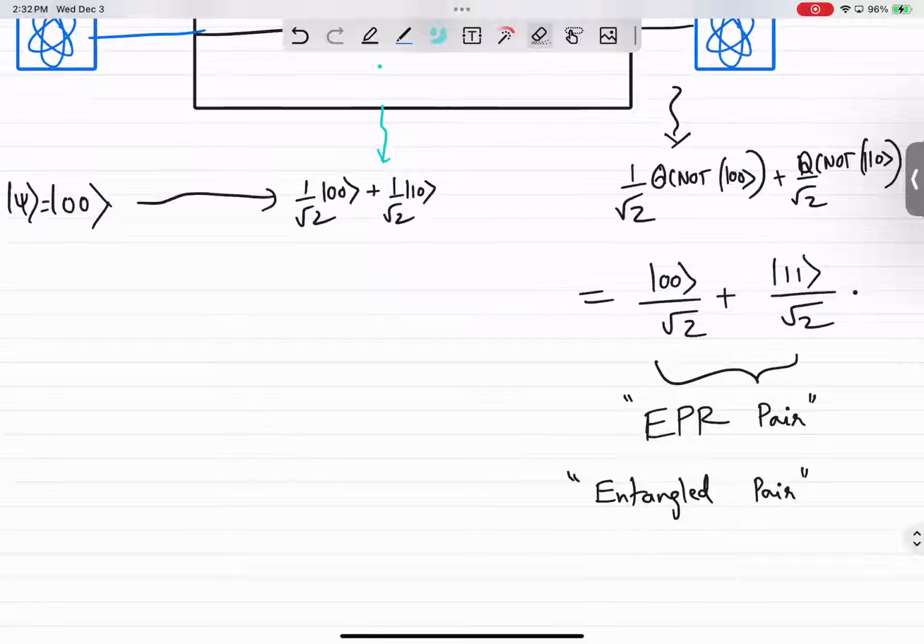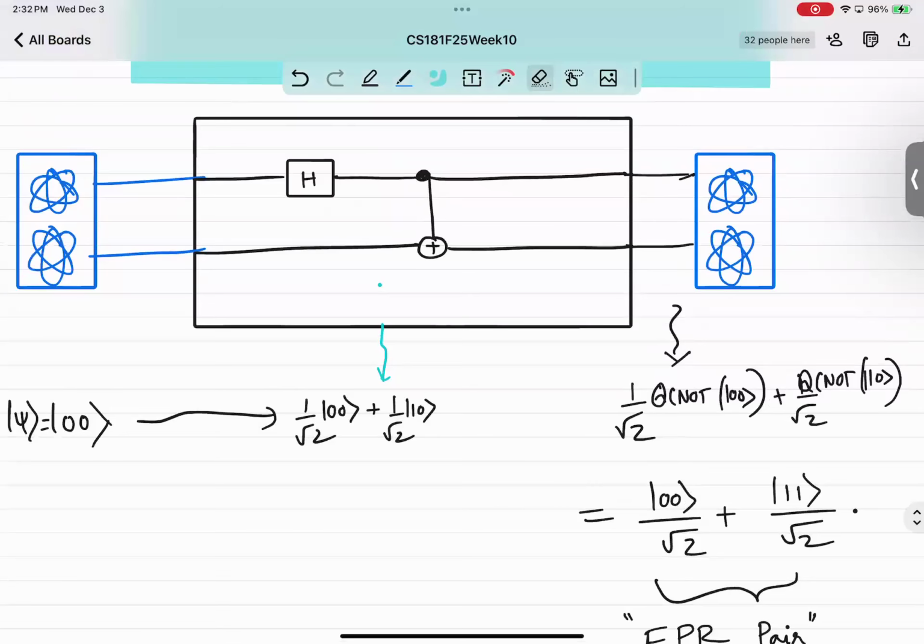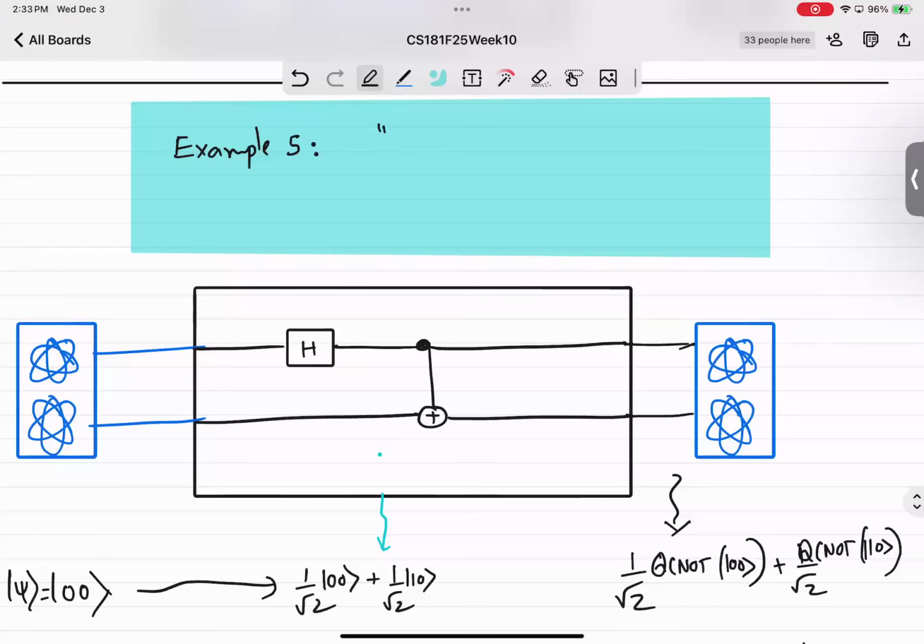Okay, that was the contradiction that they were trying to explain. But it's a simple circuit operation. This Hadamard gate and a quantum CNOT gate, you get an EPR pair. So there's a lot of very interesting physics around these sort of entangled circuits. Okay, entangled states. All right.